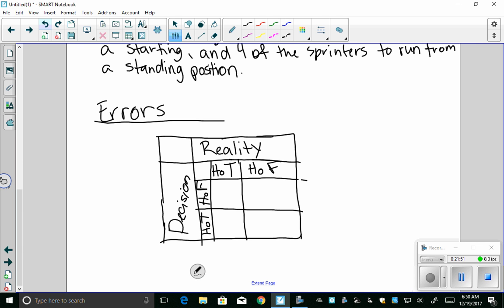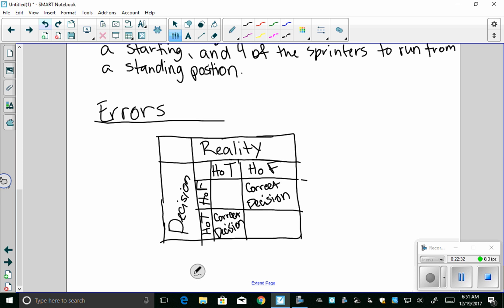Okay, so the first two that you can easily determine would be this one, because if you decided that the null hypothesis was false, and in reality it was false, you made a correct decision. And if you decided that the null hypothesis was true, and in reality it was true, it was also a correct decision.